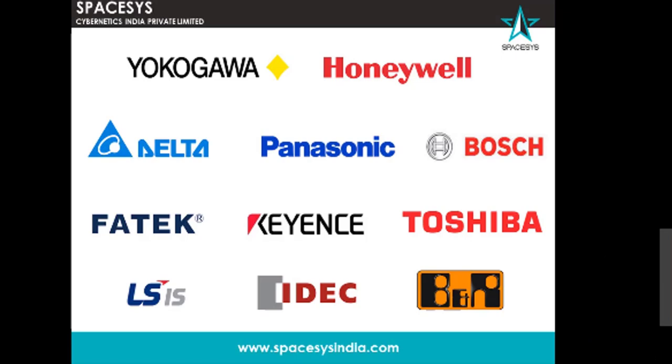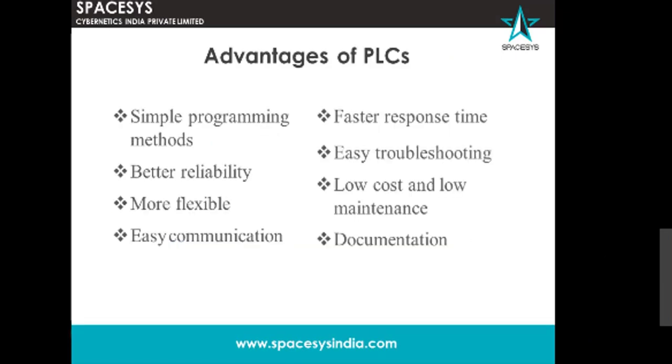We already know that in PLCs, the logic can be easily modified and reprogrammed using the software, as it requires no external hardware devices such as timers and counters to change the programming. So it allows easy programming. Its programming method is also very simple as it uses ladder logic programming.